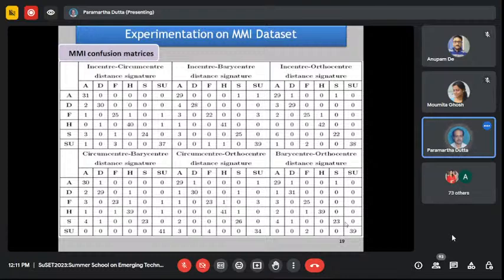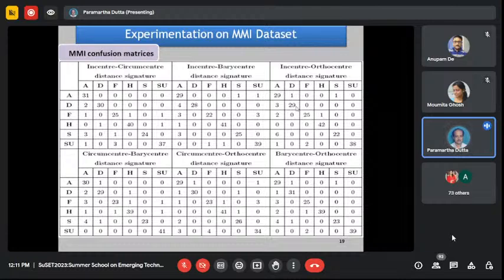Whatever we have presented earlier pertains to CK plus. There is another benchmark data set on which we have carried out our method and classifier, and this is the performance.